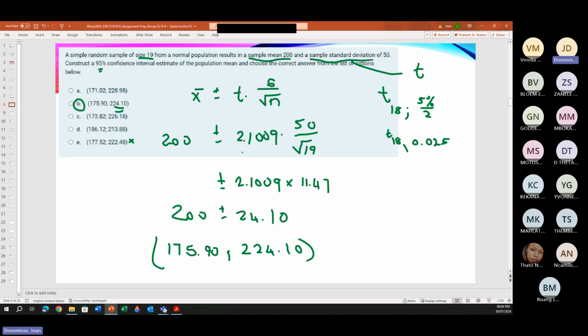So very important: a sample standard deviation shows us that we don't know what the population standard deviation is. So it's unknown. Because it's unknown, we go for a T distribution.